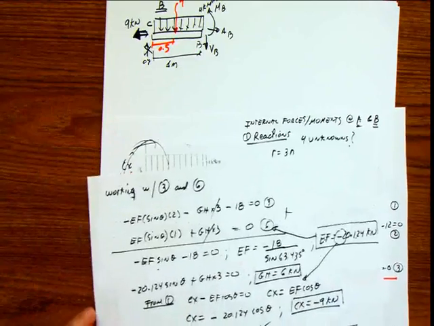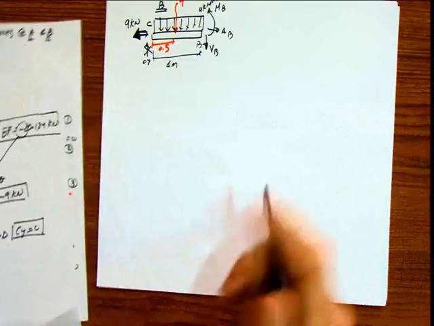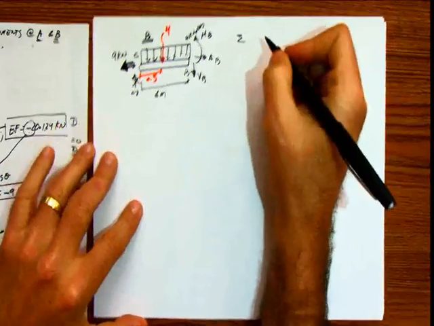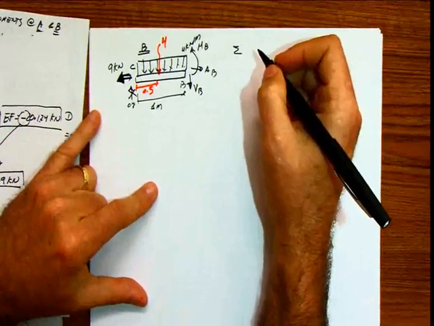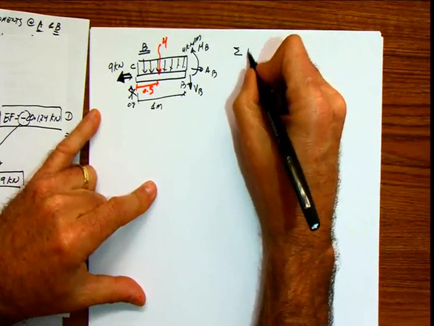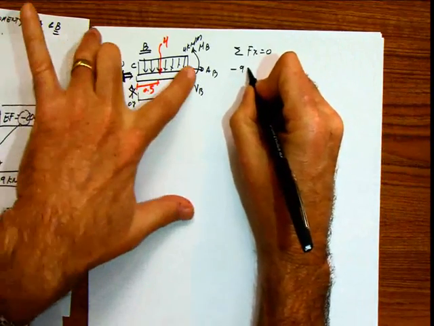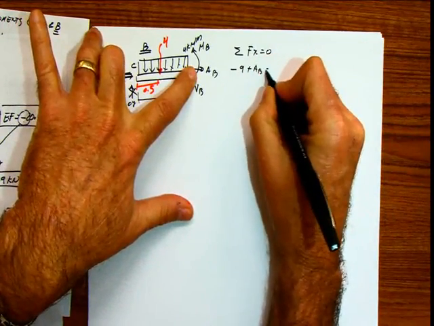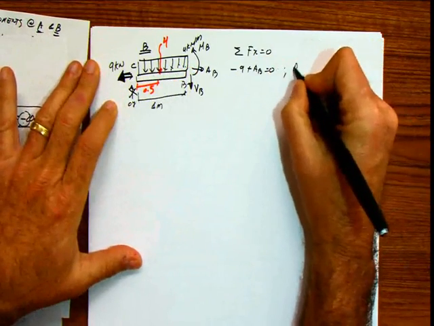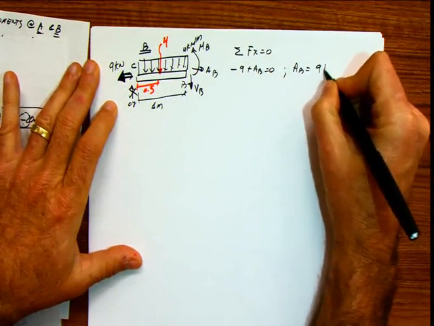Now we're done. We just do summation of forces in x equals 0: negative 9, plus axial at B equals 0. That means my axial at B equals 9 kilonewton.